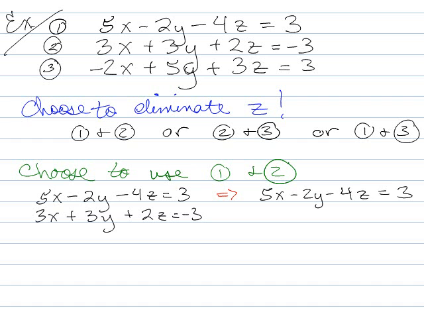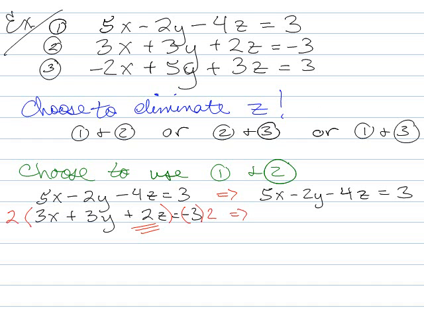But if I want to be able to add them and get rid of the z, I need to multiply that 2 by something to make it be 4, right? The minus 4 needs to interact and go away. I can do that by multiplying both sides by 2.